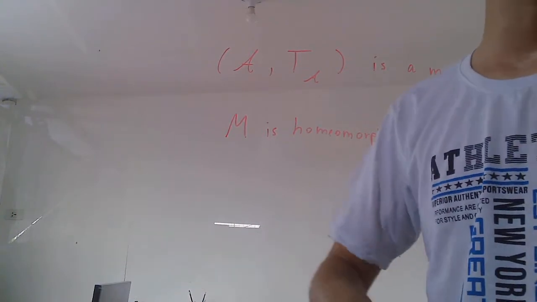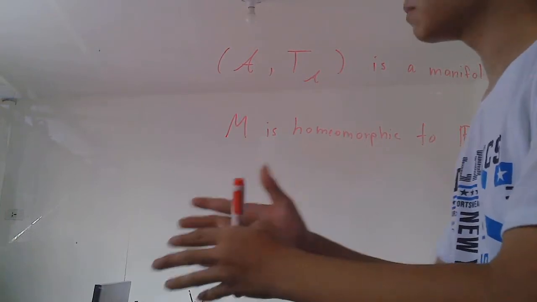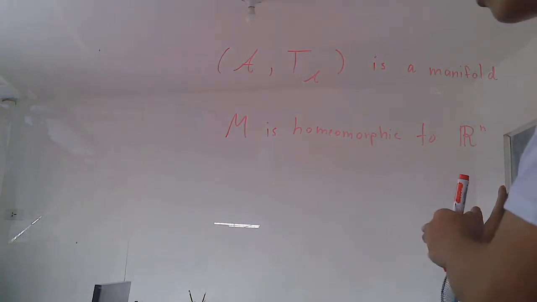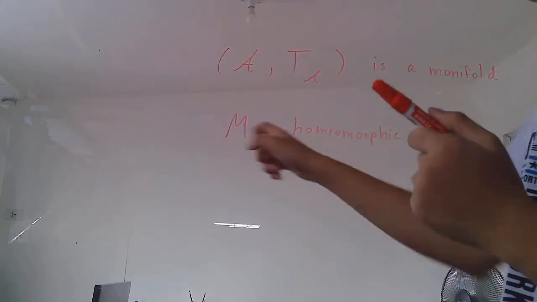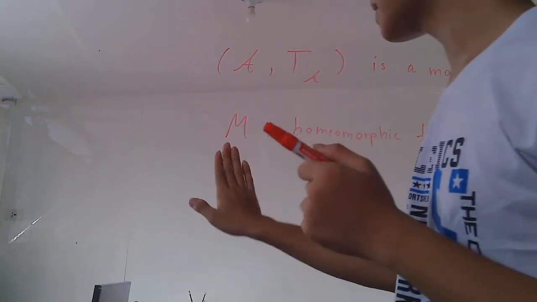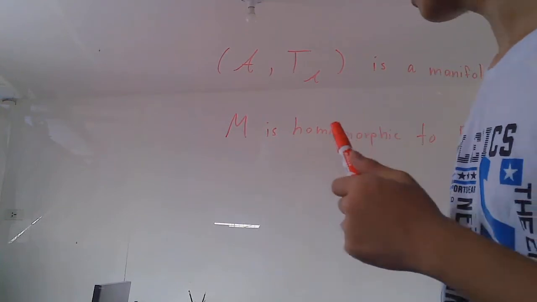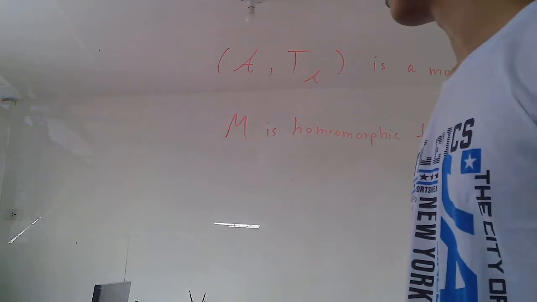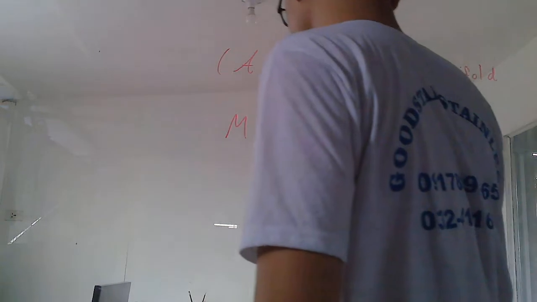I said in the last lecture isomorphic, but in fact it's homeomorphic because we're mapping between two topological spaces, M and R. So M is homeomorphic to Rn, and because M is homeomorphic to Rn, M is an n-manifold. And n is the amount of bases used to describe it. Some more facts about manifolds: the cardinality of a manifold is called its order.